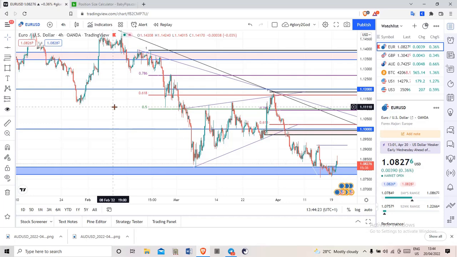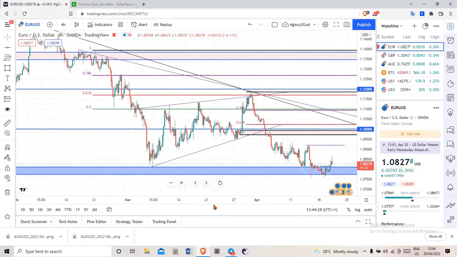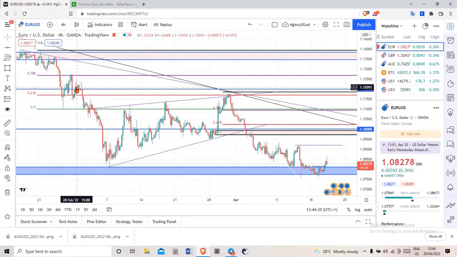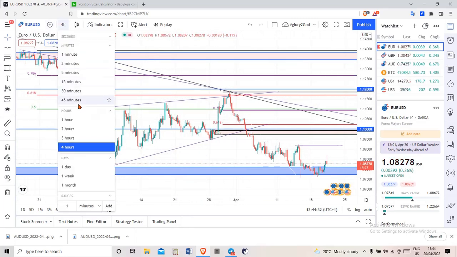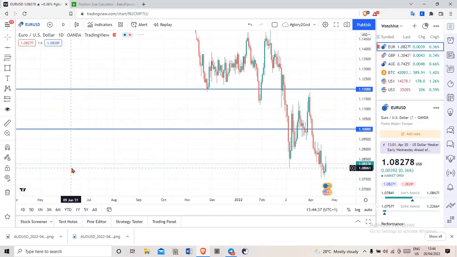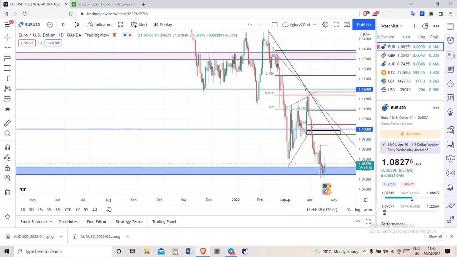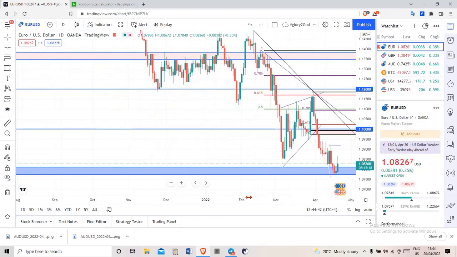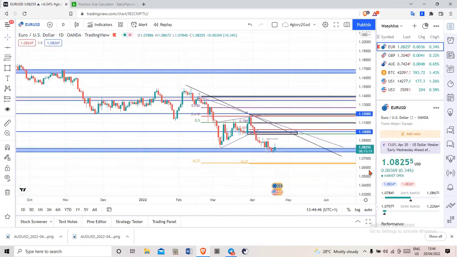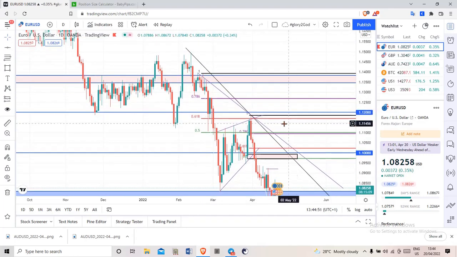Now, what other confluence are we looking out for? This area, when we go to the daily time frame, there's an order block here. All right, there's an order block there. Okay, all of these are things that enable you to take a trade.